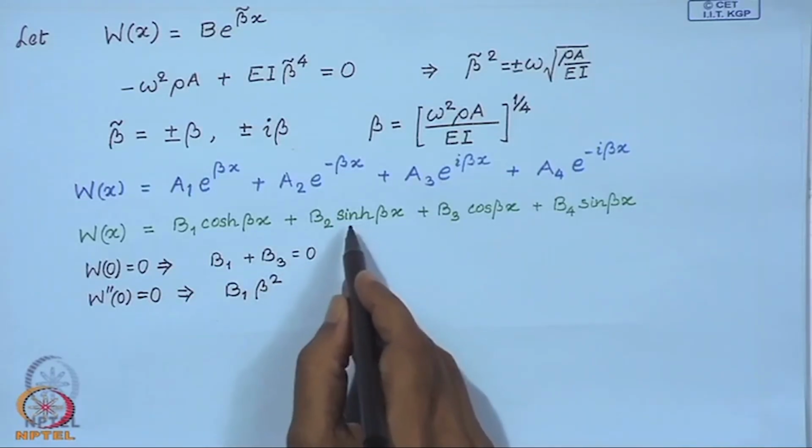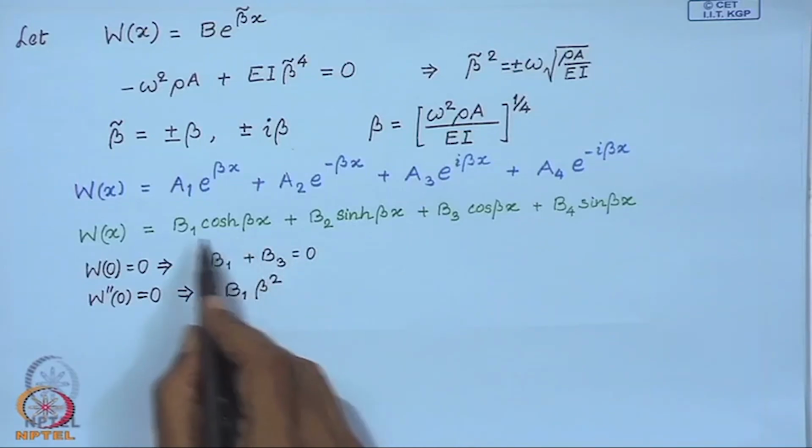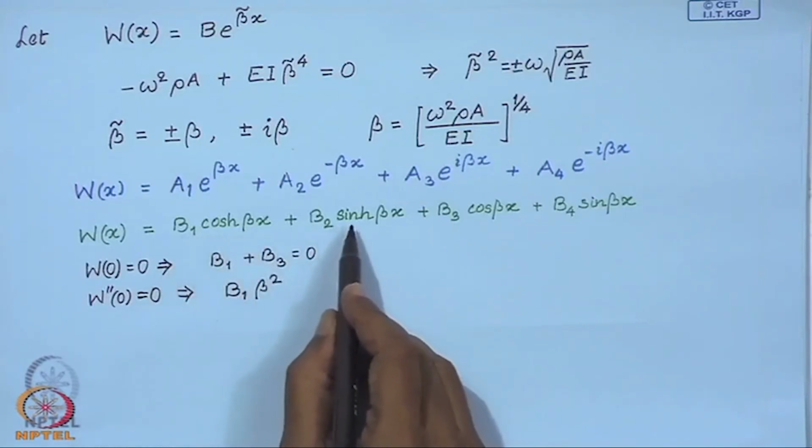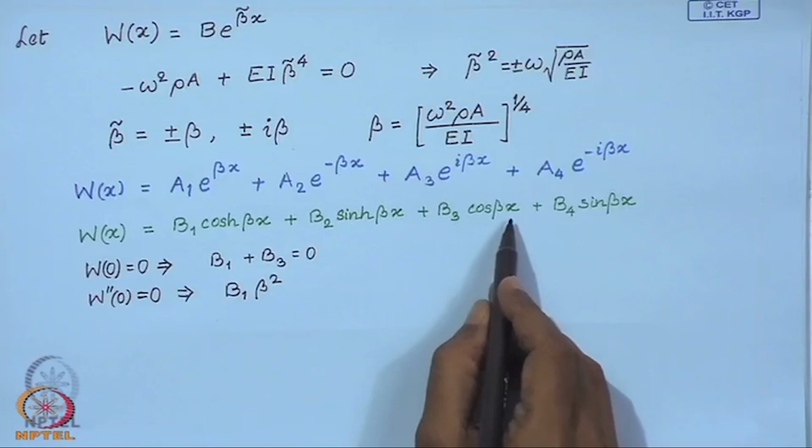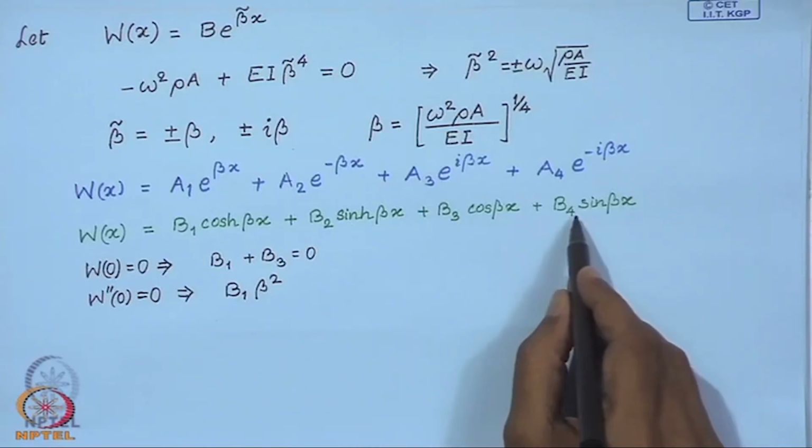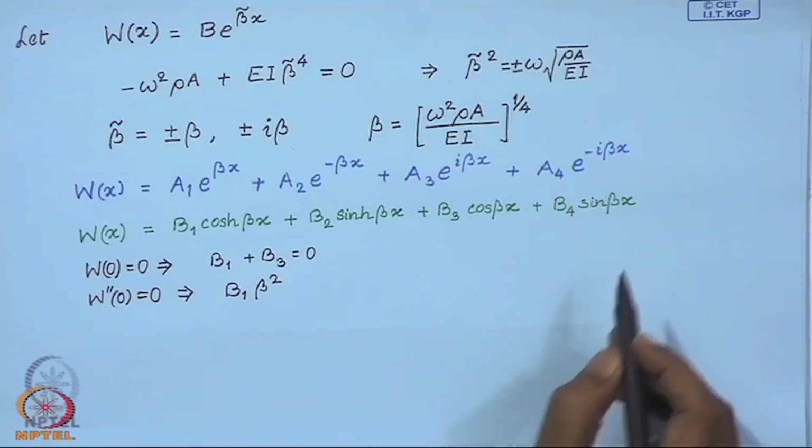So, they will be cos beta square, cosh beta square, sinh minus beta square cos beta, minus beta square sin beta.